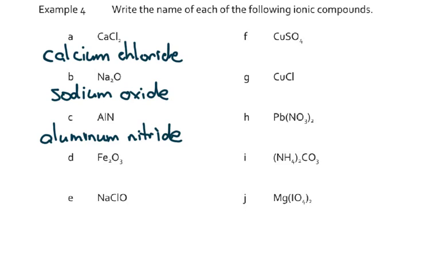So we need to figure out which charge it had. Was it +2 or was it +3? To do that, we can actually undo the crisscross. So the 3 as the subscript on oxygen would have come from the charge on iron. So that tells us that the charge on iron was 3, and this would be iron 3 oxide.